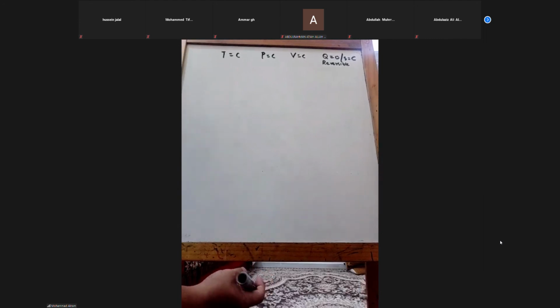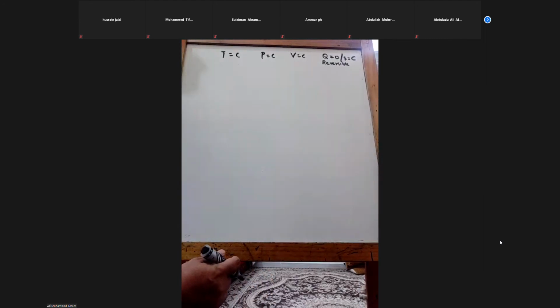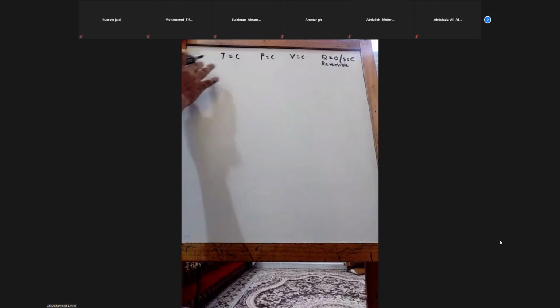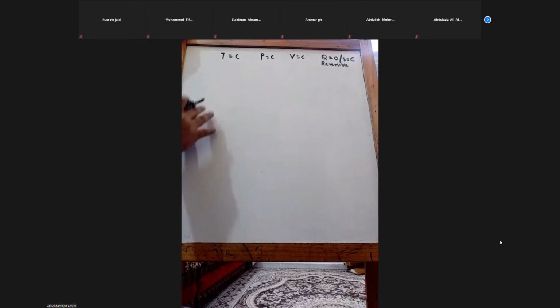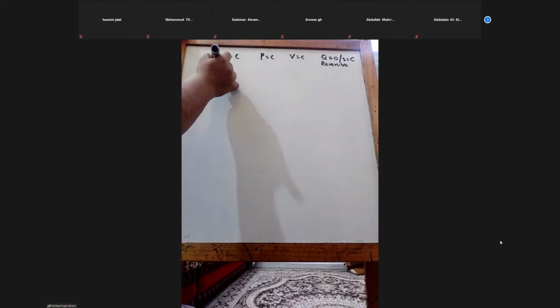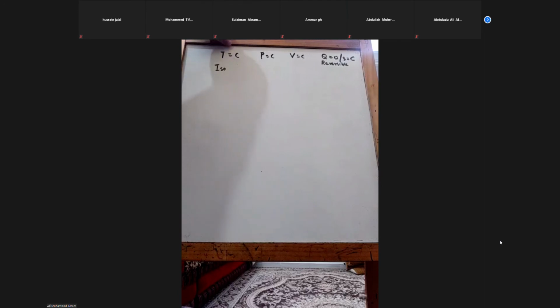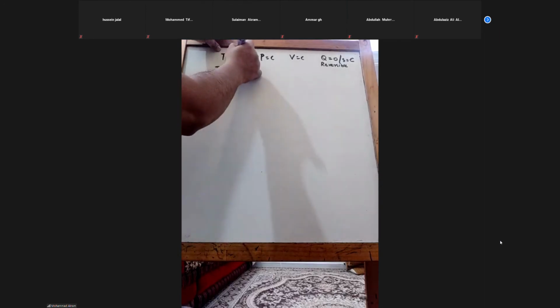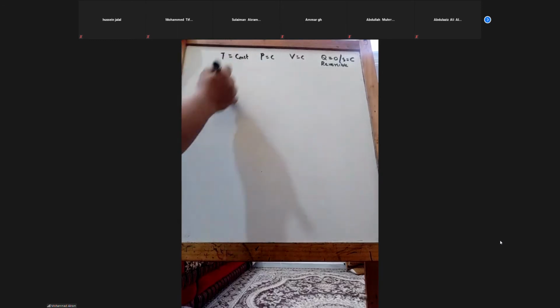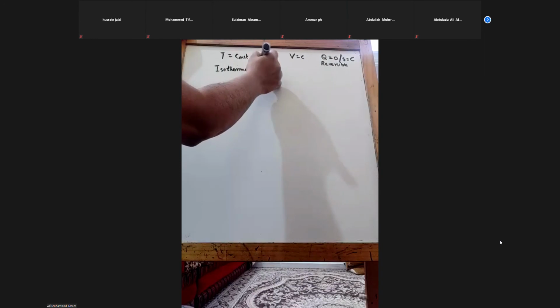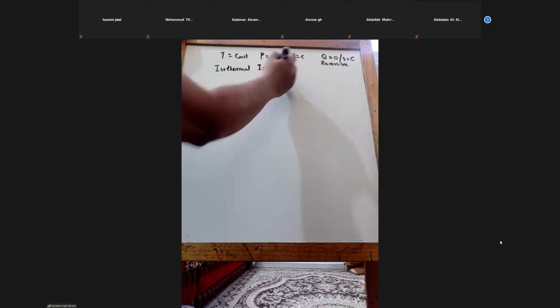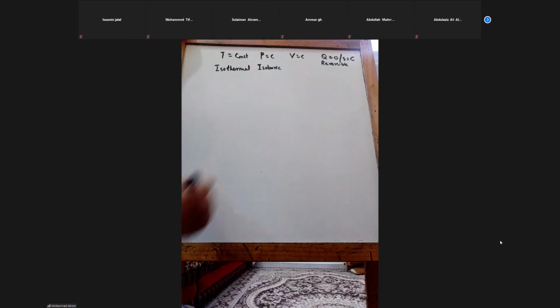So now we have these 4 processes. First of all, we will name them. What is this process called? It is easy because you know this. Yes. ISO, constant temperature. Temperature is constant. C means constant. Isothermal. Then isobaric, constant pressure.